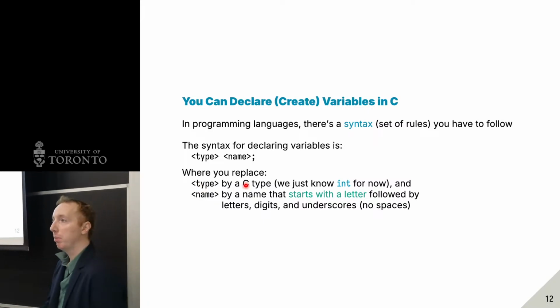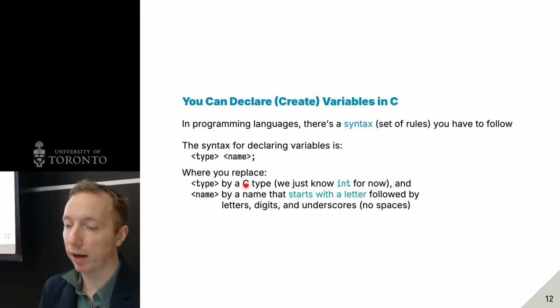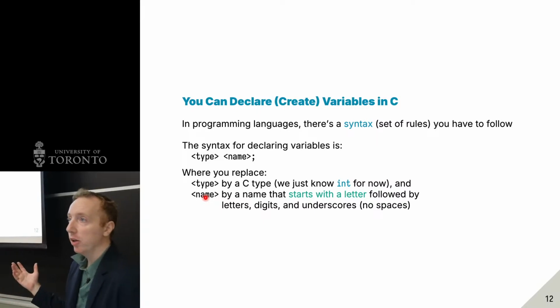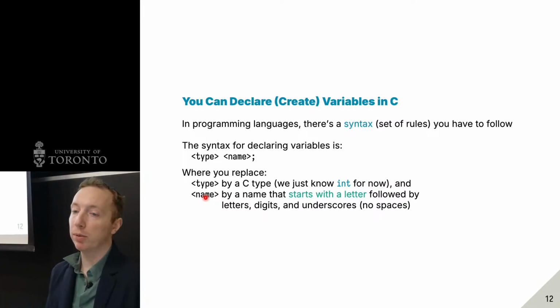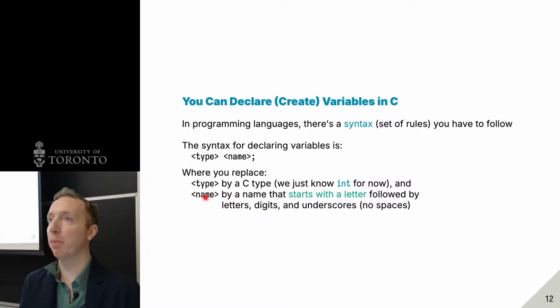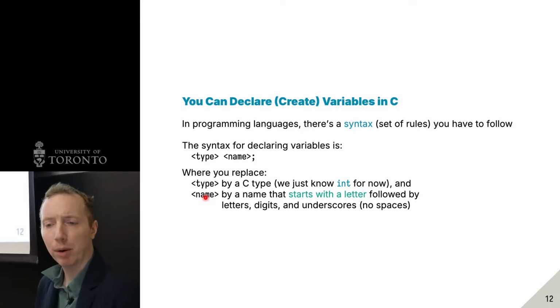The only type we know for now is an integer, which is just supposed to represent a number. And name, you can call it whatever you want. The only rule is it has to start with a letter. It can't start with a number. Otherwise, C gets confused between what's a name and what's a number.